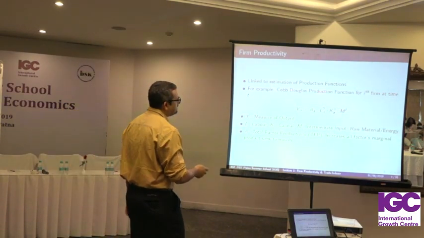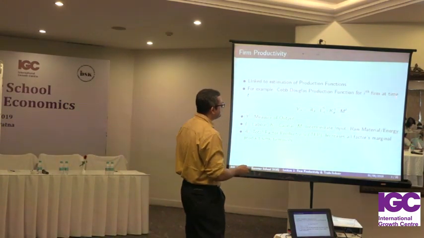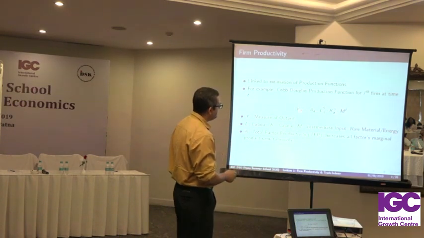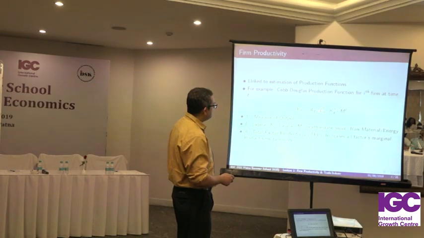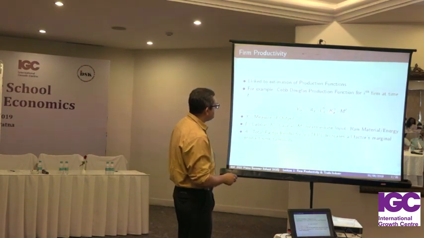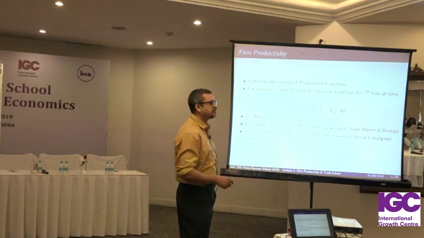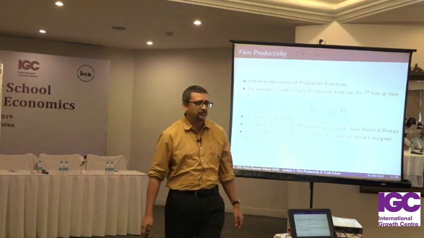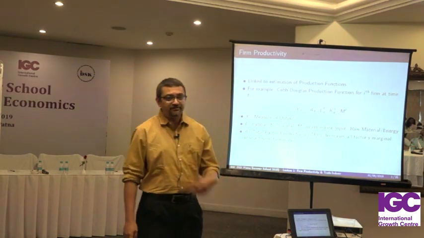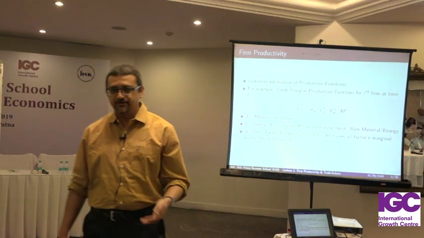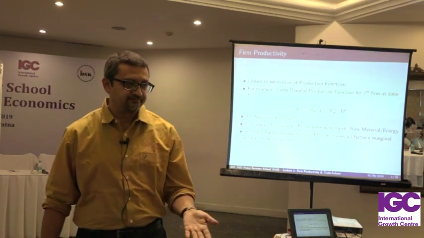So for example, as I said, the Cobb-Douglas production function for the ith firm at time t, so i and t, is something like that, where Y is a measure of output, L is labor, K is capital, M is some intermediate input like raw material, energy, and so on. A is total factor productivity, and typically when we talk about productivity of firms, we are talking about this A. Okay?